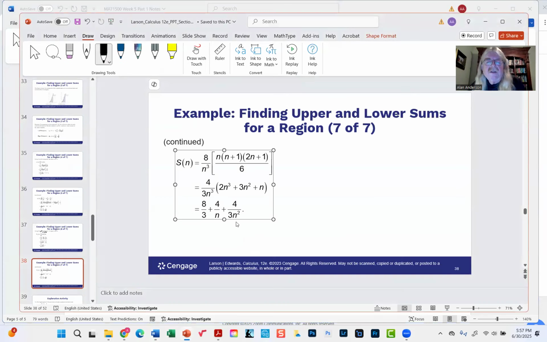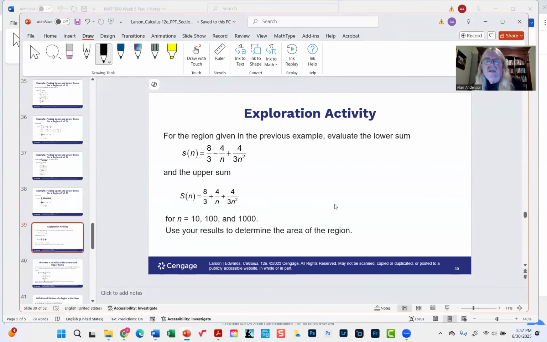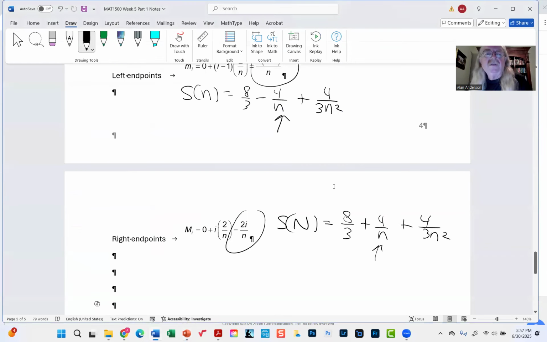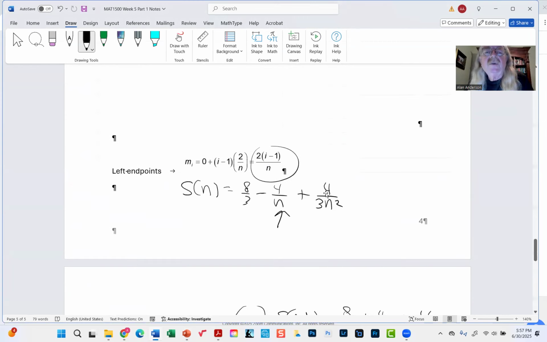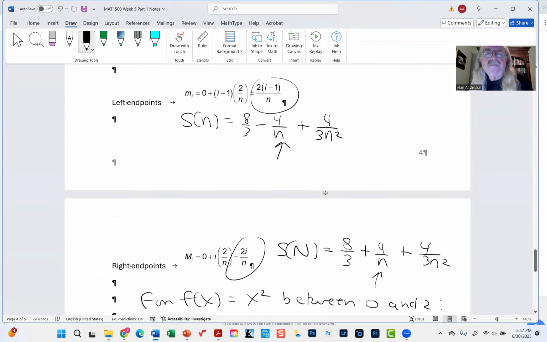All right, now what's going to come next is that they're going to say, well, listen, let's look at a couple of quick examples. For example, what if I use 10 rectangles? Let's see what numbers we get. All right, this will only take a minute. Let's do this. All right, so remember the original case was x squared between 0 and 2.